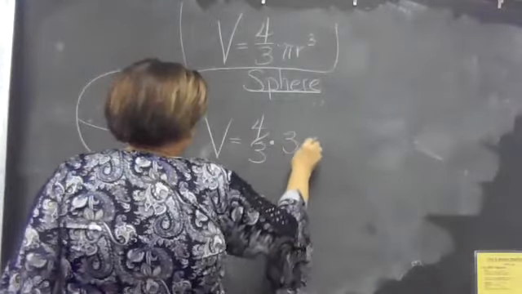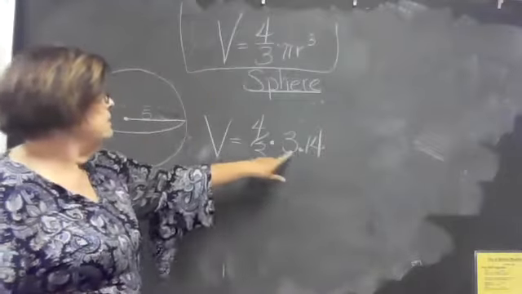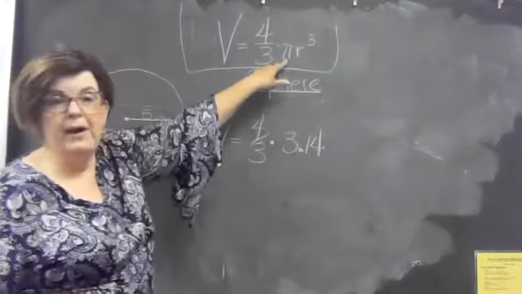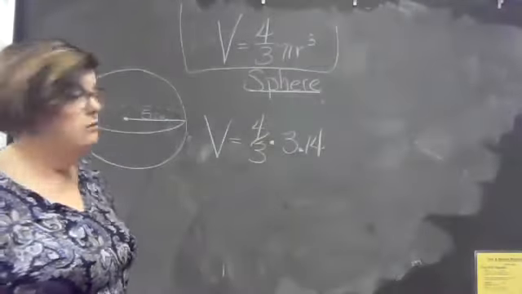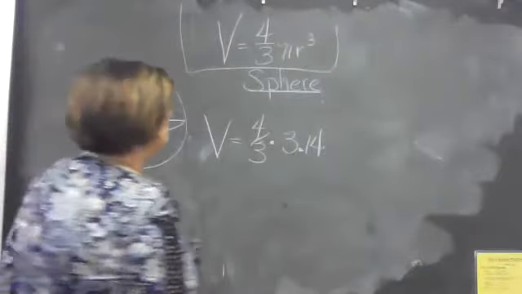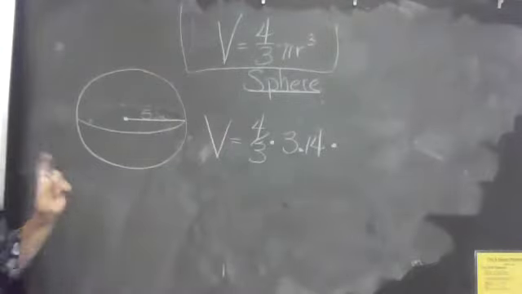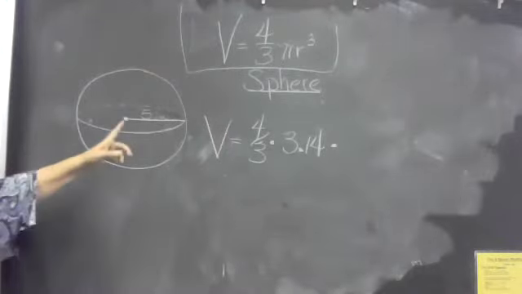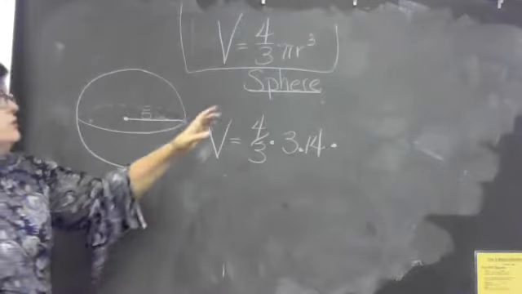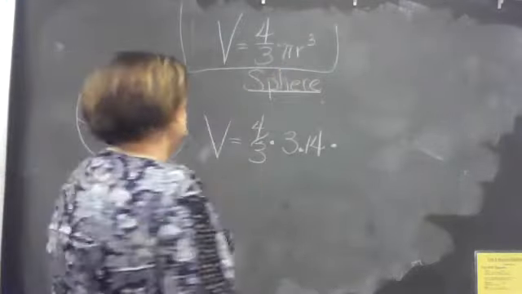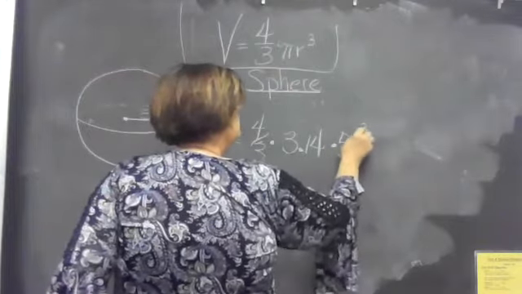And again, like I always say, if they do not tell you to use 3.14 for pi, then I want you to use your pi button on your calculator. It's more exact. And then times, we're going to look and make sure what they gave us was the radius. And sure enough, it was. The radius just goes from the center to the outside. And so in place of the radius, we're going to put 5, but it's cubed.